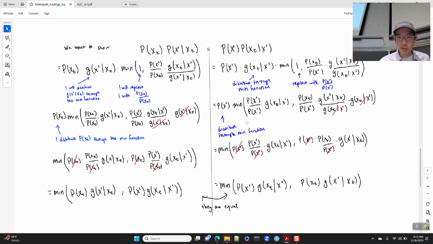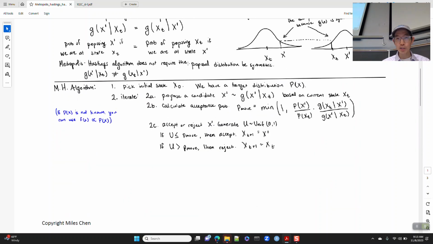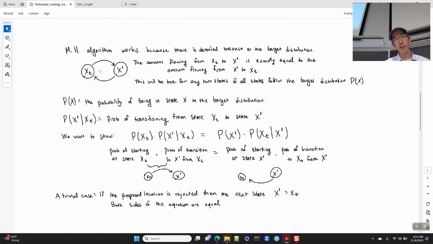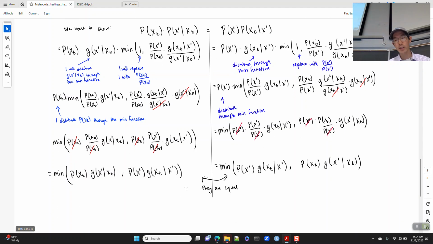So anyway, if you work through the math of trying to show that we have detailed balance, you pick any two states, the amount flowing from x at time t to x prime, or the amount flowing from x prime back to xt, for any pair of states, you're going to find that these two things are exactly equal to each other.